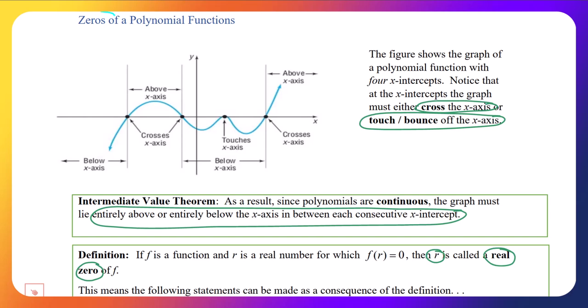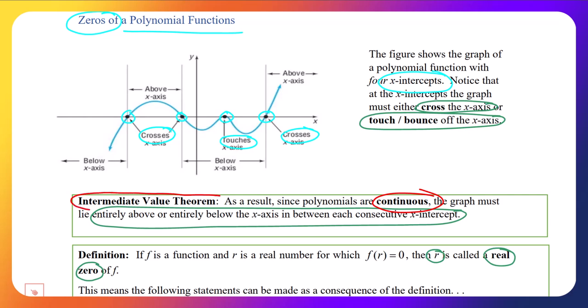So now we're going to talk about the zeros of a polynomial function. They are the x-intercepts. Here they cross, here it touches or bounces, and here it crosses again. Since the graph is continuous, it is connected.